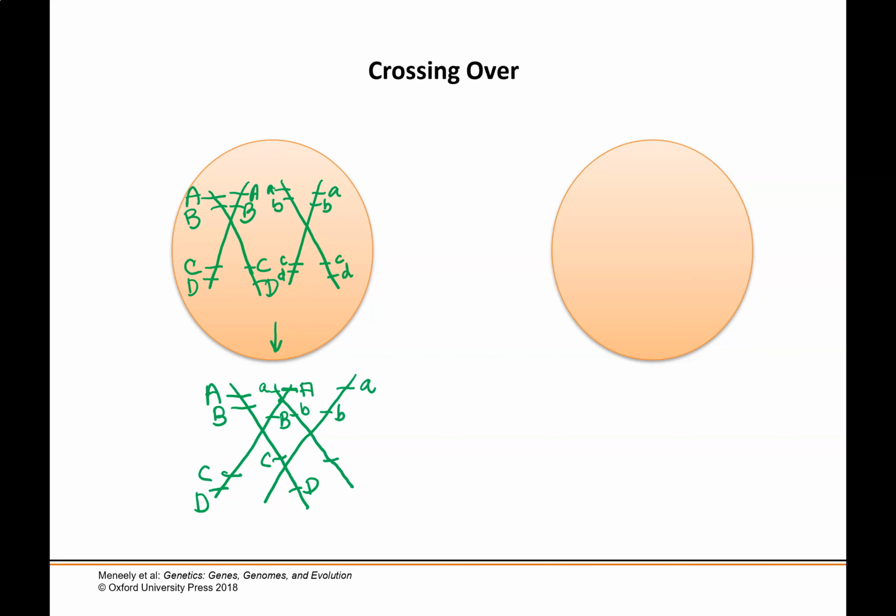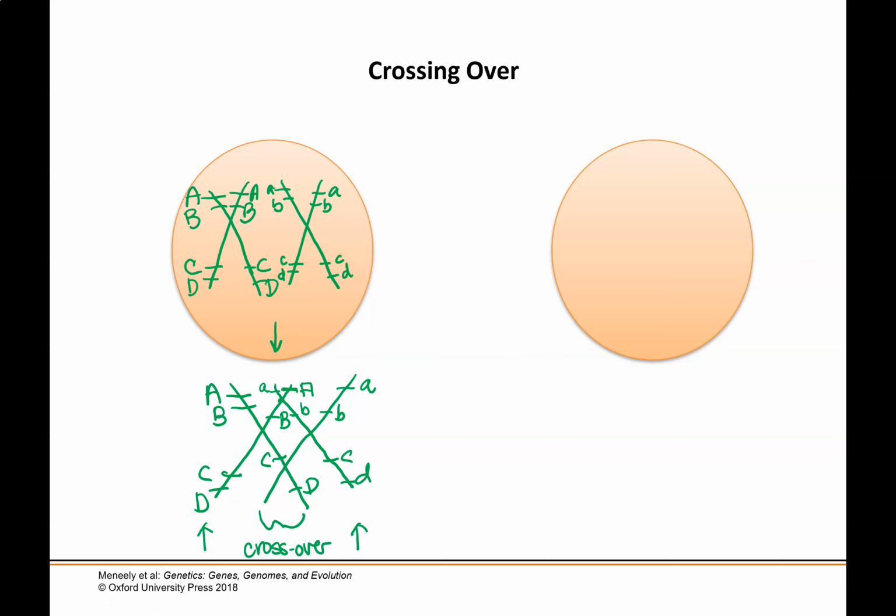Now you might notice that the outside chromosomes are actually not involved at all. These outside chromosomes are going to be identical to the original parents. But the inside chromosomes, these are going to be the ones where the crossover exchange has occurred. So these two in the middle are actually going to share genetic information.